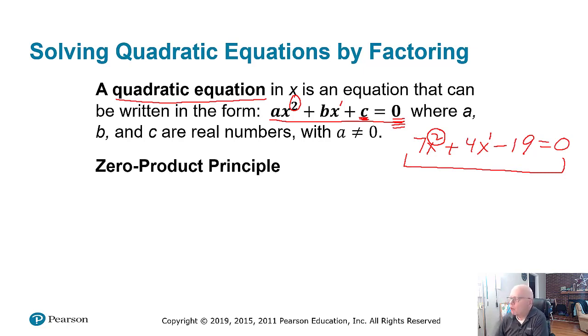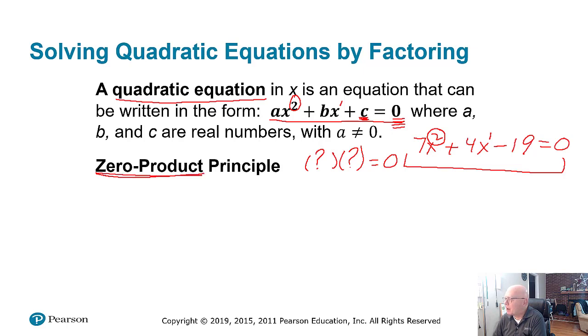Second, once you know what a quadratic equation is, how do we solve it? Well, we're going to use the zero factor principle. That means that if I multiply 2 mystery numbers together and I end up with 0, that's what zero product means.